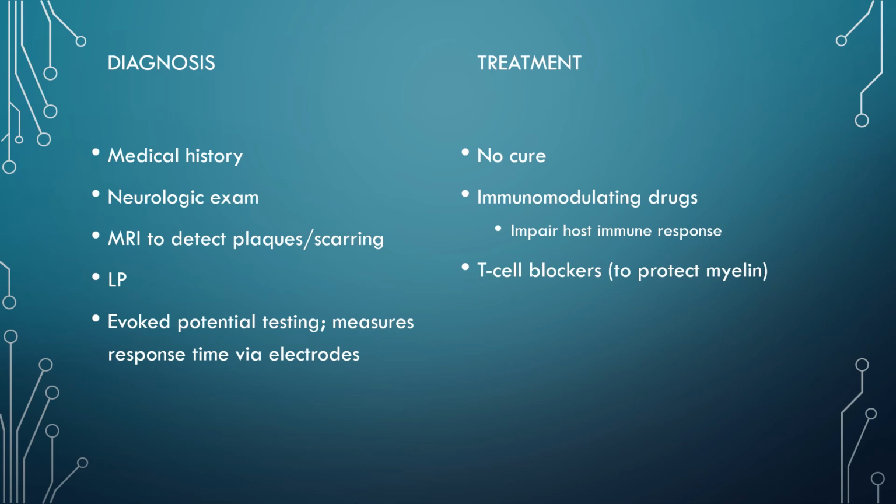It's those T cells that are eating up the myelin sheath as if it were a foreign invader. So blocking them from activity can be helpful. But just know that anytime you're taking any immunomodulating drug, anything that suppresses your immune system, now you're at high risk for infections because you don't have your immune system functioning at its highest level.